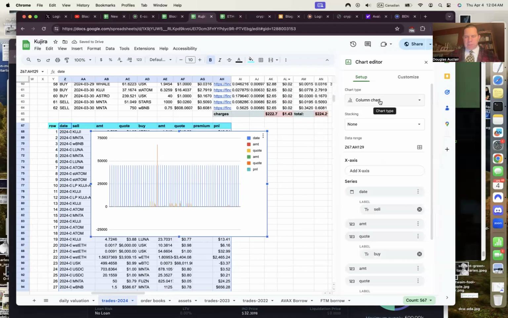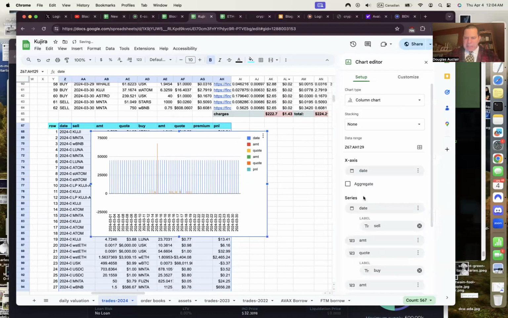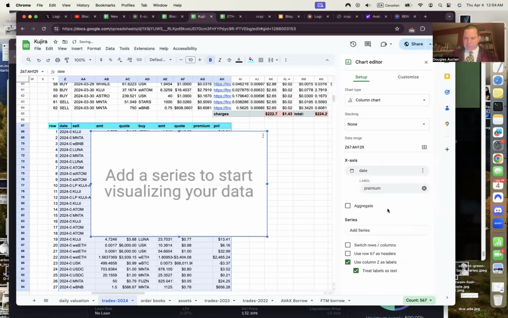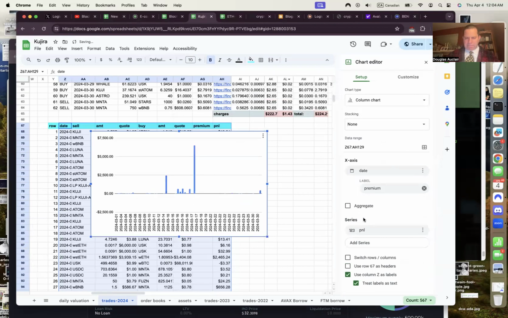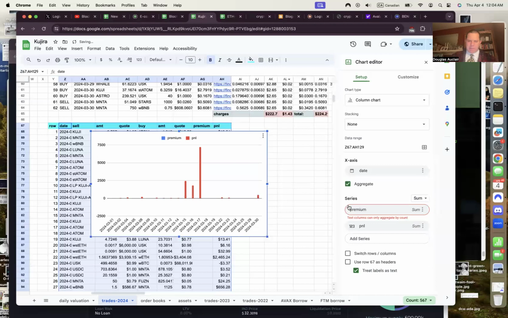So, yep, let's do a column chart. Data range, x-axis. Let's make this date. Let's get rid of all these other columns. And then add profit and loss. And let's aggregate by date.